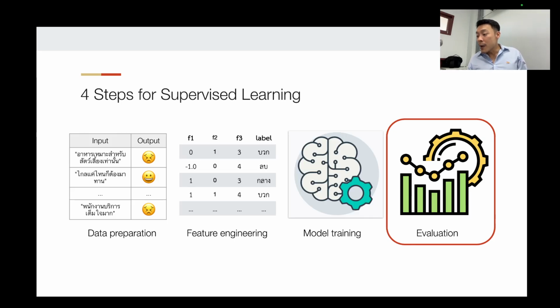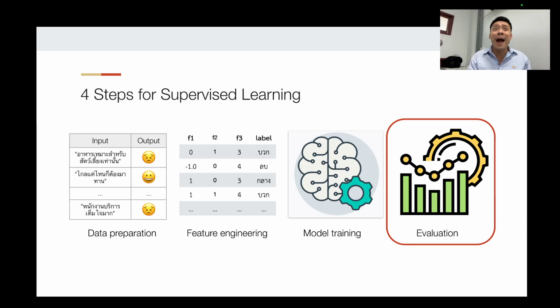The last thing that we'll talk about today is evaluation, because I know you know something about model training already. Evaluation in NLP is like a tradition. You have to do it because then you know a little bit more about how well your model works.